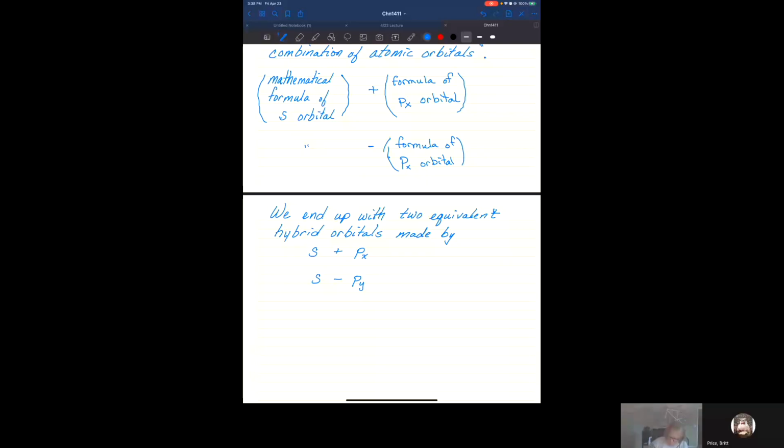If we do that, we'll end up with two orbitals of the same energy. So that's what I mean by equivalent. They are degenerate.